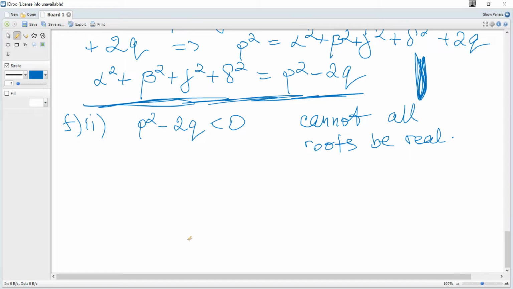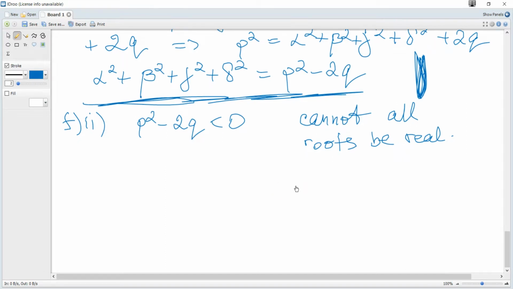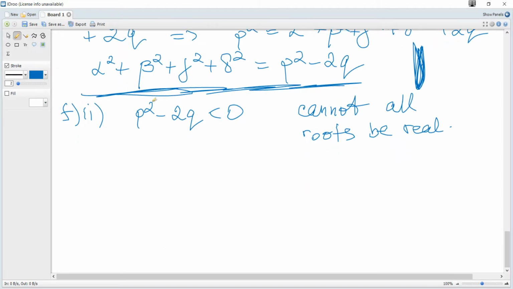It may be true, but we don't know. It definitely need not be true. But if p squared minus 2q is less than 0, if p squared is less than 2q, it's definitely a true statement that not all roots can be real.